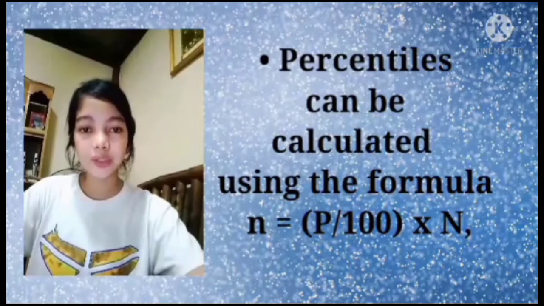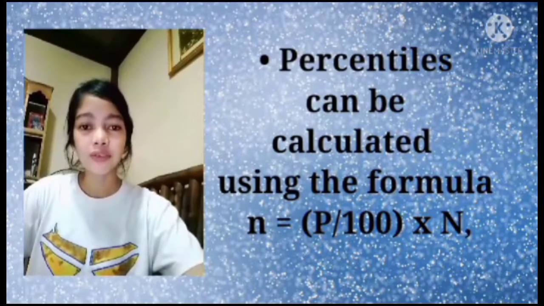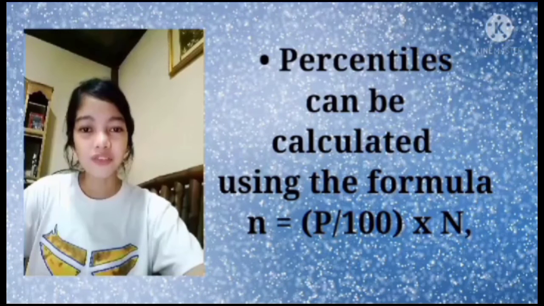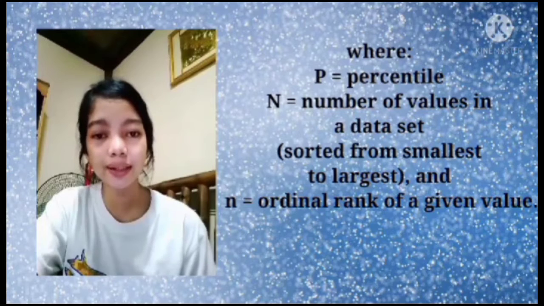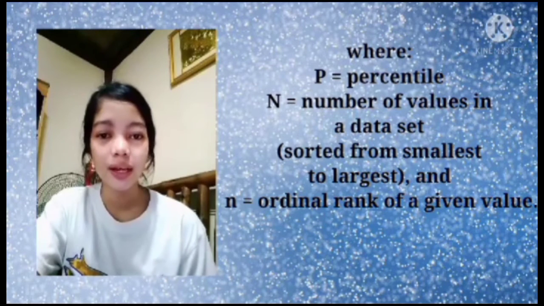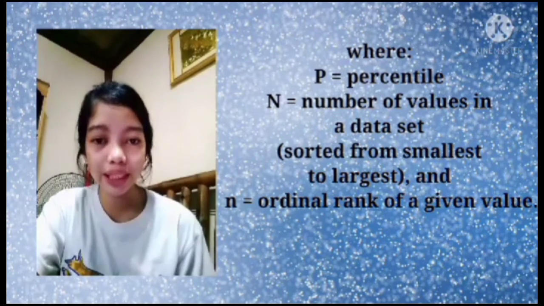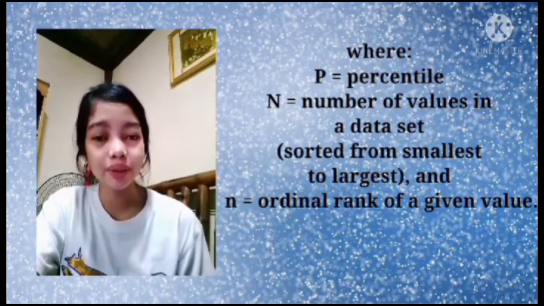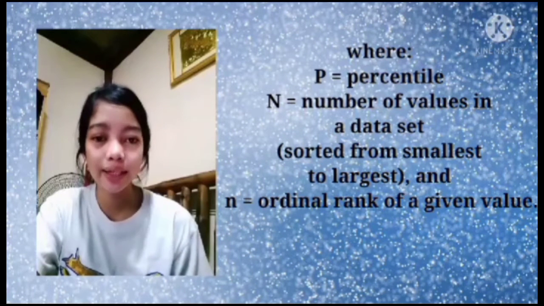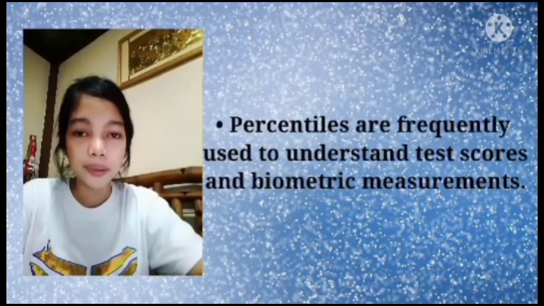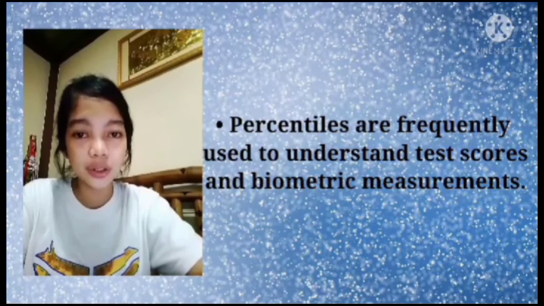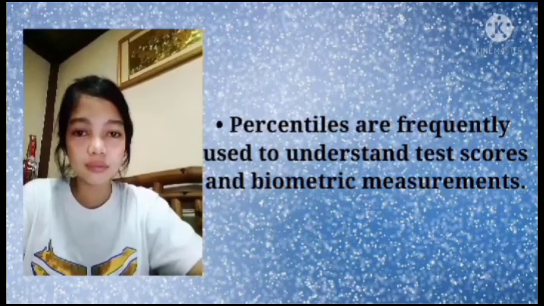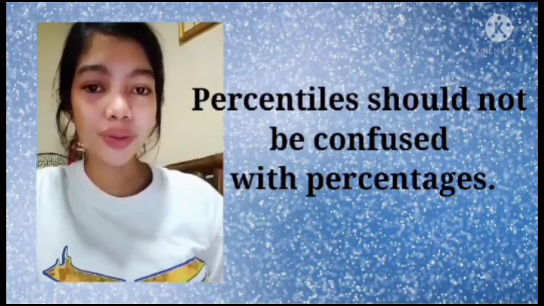Percentiles can be calculated using the formula n equals the quantity of p over 100 multiplied by N, where p is the percentile, N is the number of values in a given set, sorted from smallest to largest, and n is the ordinal rank of a given value. Percentiles are frequently used to understand test scores and biometric measurements. Percentiles should not be confused with percentage.